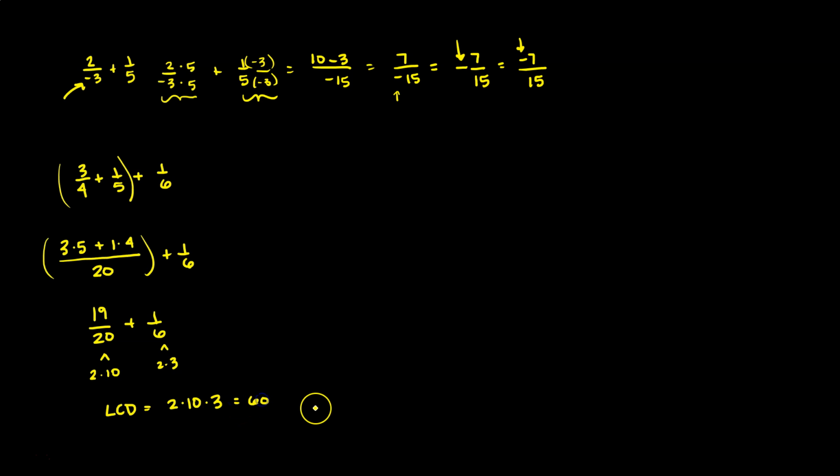which would be 60. 19 over 20, if I want to turn that into a fraction with a denominator of 60, I need to multiply top and bottom by 3. And the fraction 1 over 6, if I want to turn that into a fraction with a denominator of 60, I need to multiply that by 10 over 10.